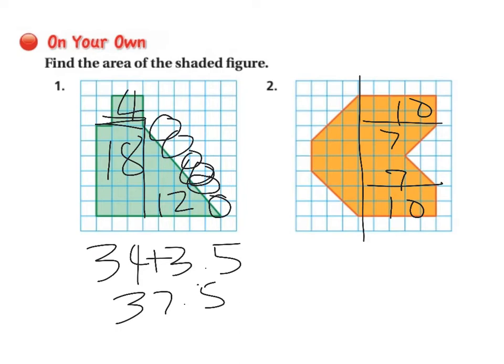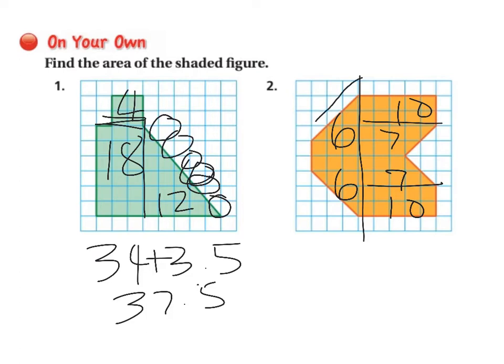And then let's look up top. There's 0 on the first row, 1 on the second row, 2 on the third row, and 3 on the fourth row. So that's 3 plus 2 is 5, plus 1 is 6 on the top, and that means there's 6 on the bottom. And then we need to worry about the half boxes.